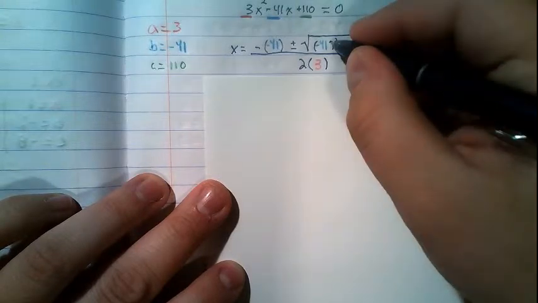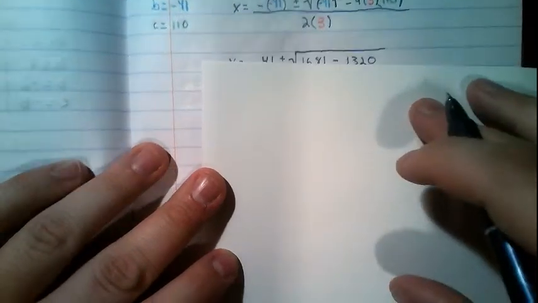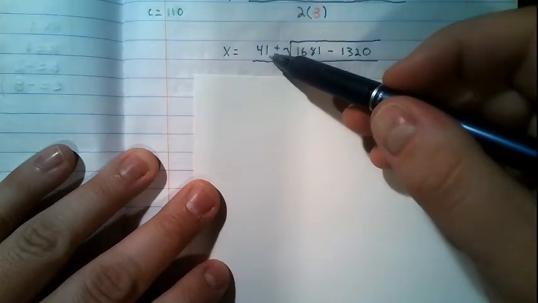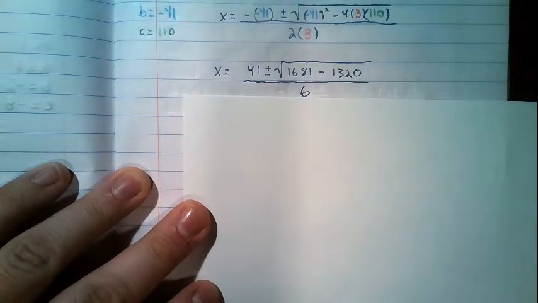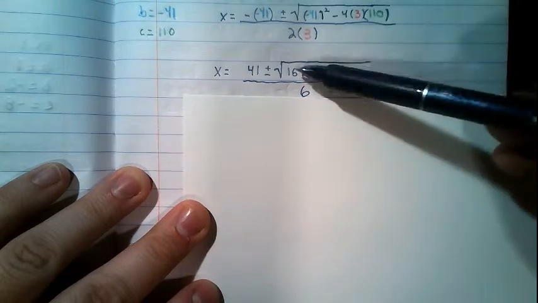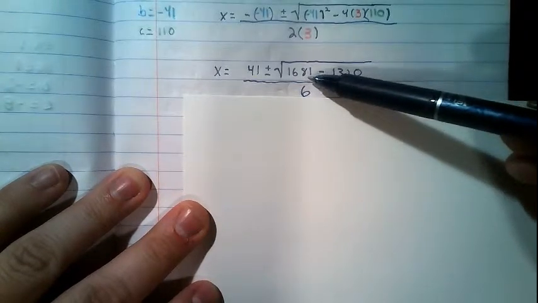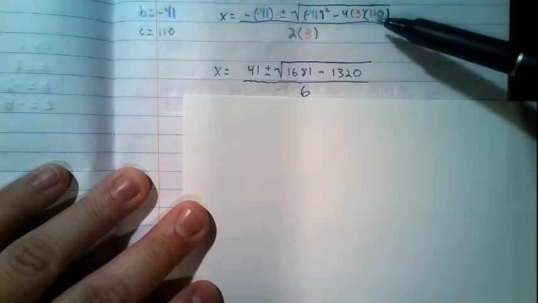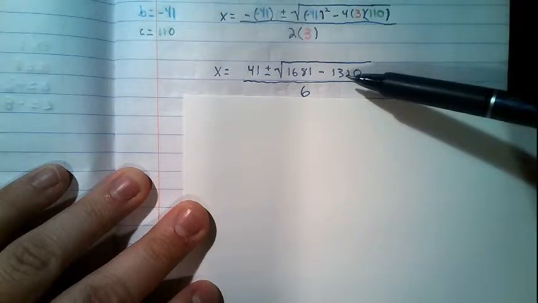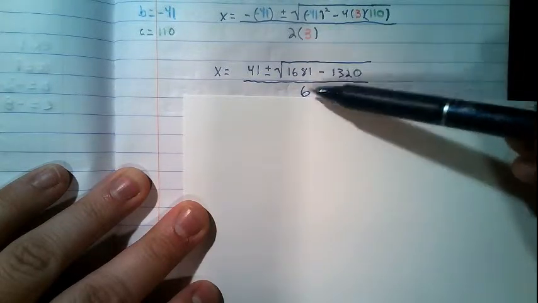And then I keep going with that. So negative 41 is a positive 41. Negative 41 squared is 1,681. 4 times 3 times 110 is 1,320. And 2 times 3 is 6.